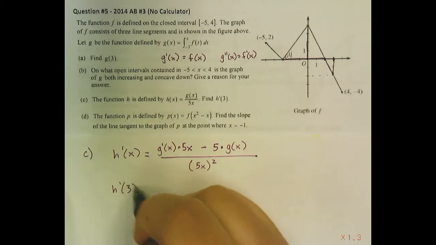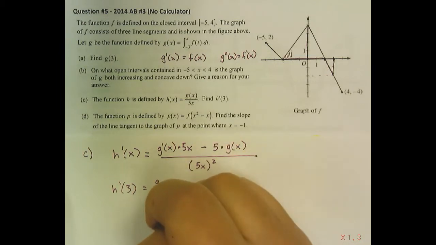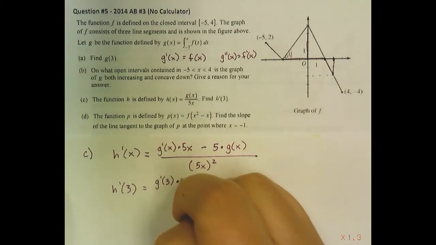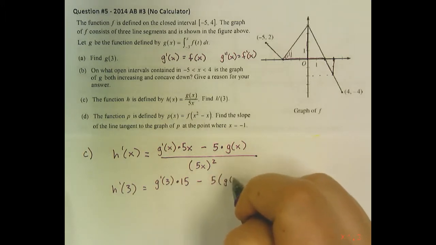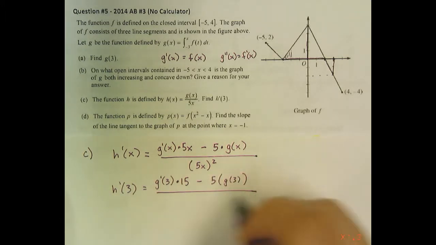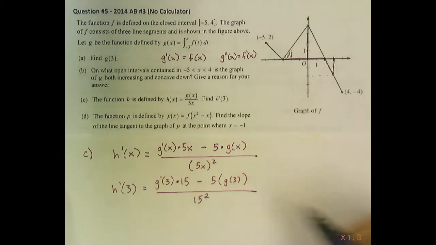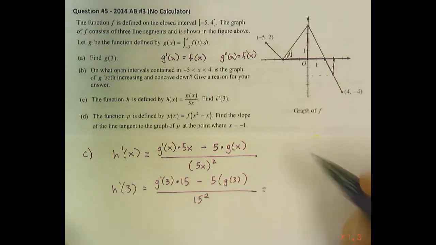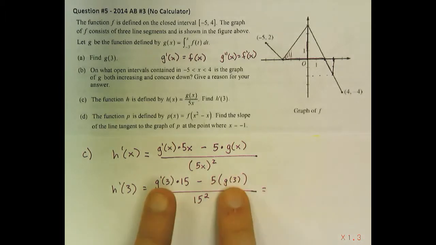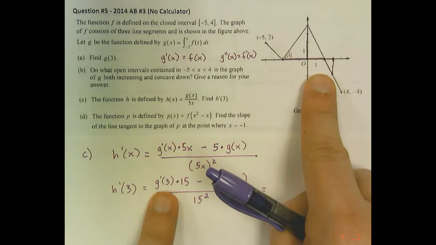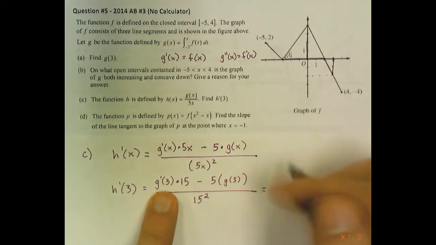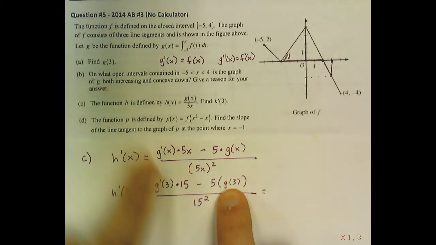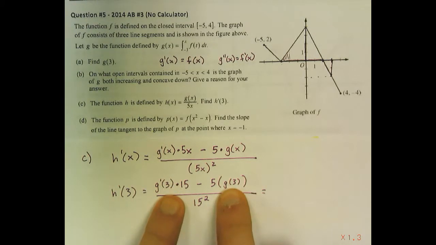So h prime of 3 is g prime of 3 times 15 minus 5 times g of 3 all over 15 squared. And we're going to need to evaluate g prime of 3 and g of 3 off of the graph. So g of 3 we've already evaluated from part A, but g prime of 3 we need to pull.